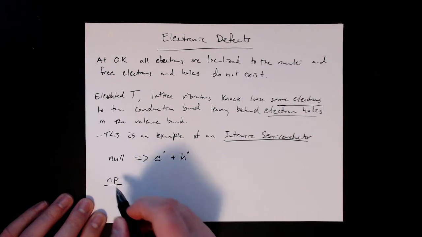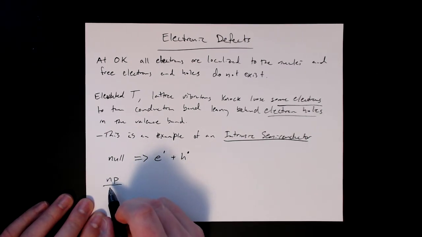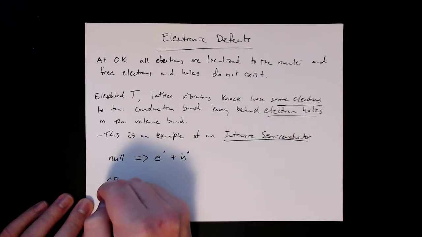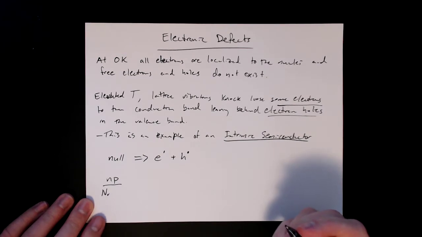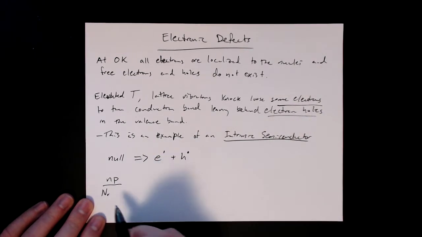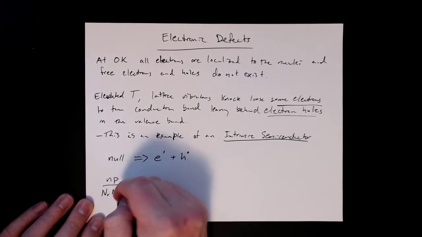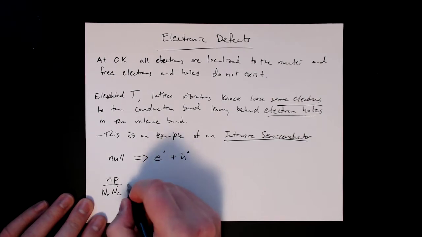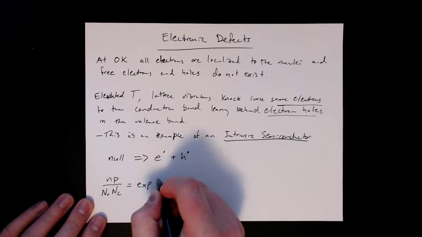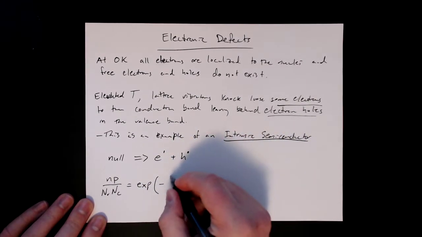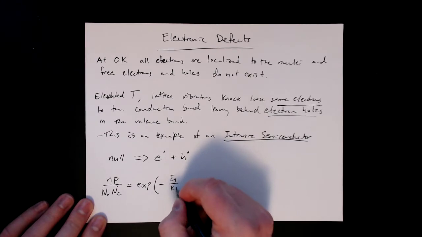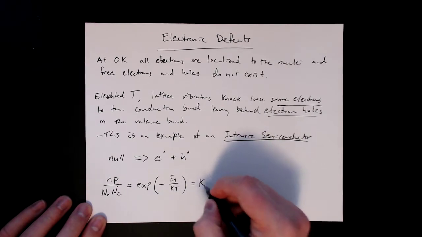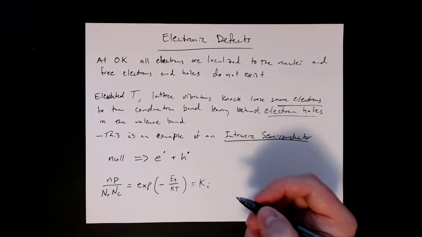So basically we have the product of the number of electrons and the number of holes divided by the total number of sites in the valence band, known as the density of states, and then the density of states for the conduction band, or the number of sites there. And this is all equal to an exponential of negative energy, Eg, divided by kT. This is the same as our mass action expression for this intrinsic semiconductor.